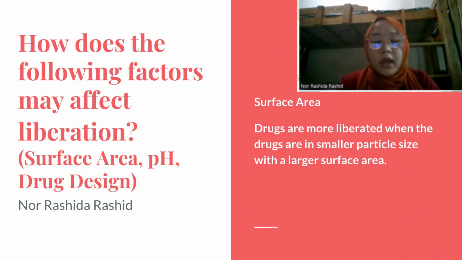These small particles are considered finely powdered, and they also have a large surface area, which enhances the drug's solubility and how they disintegrate in our body. So that is for the surface area.